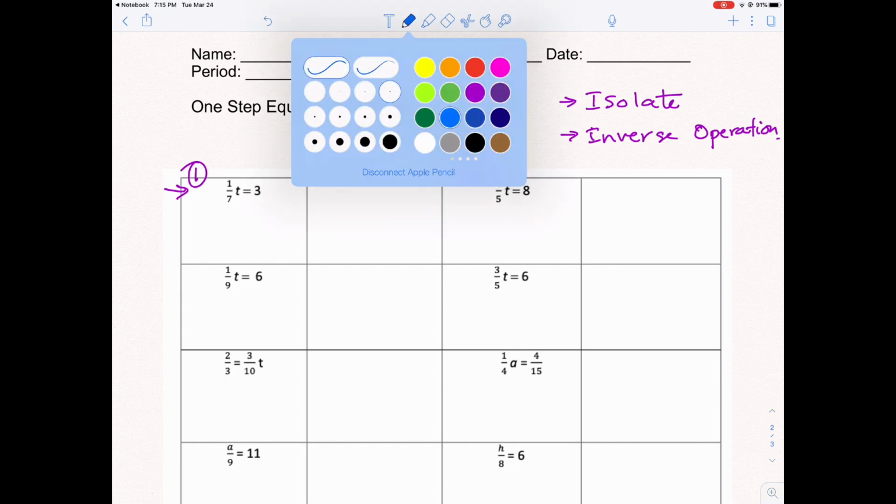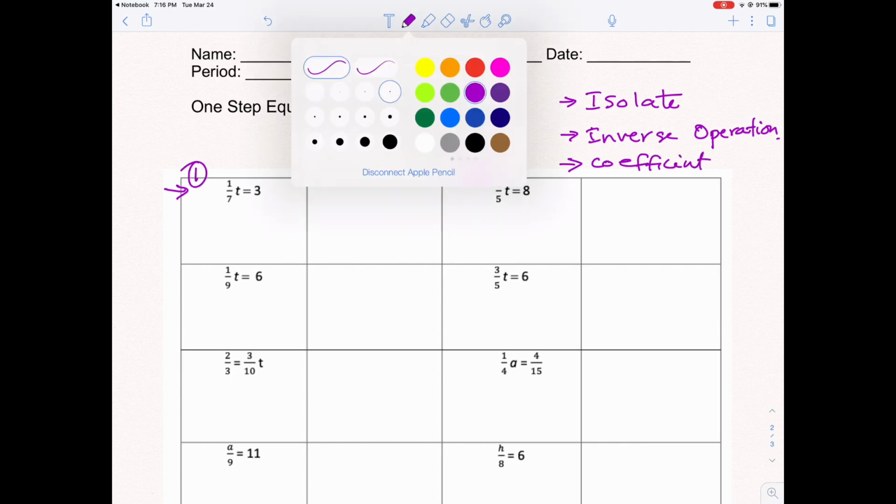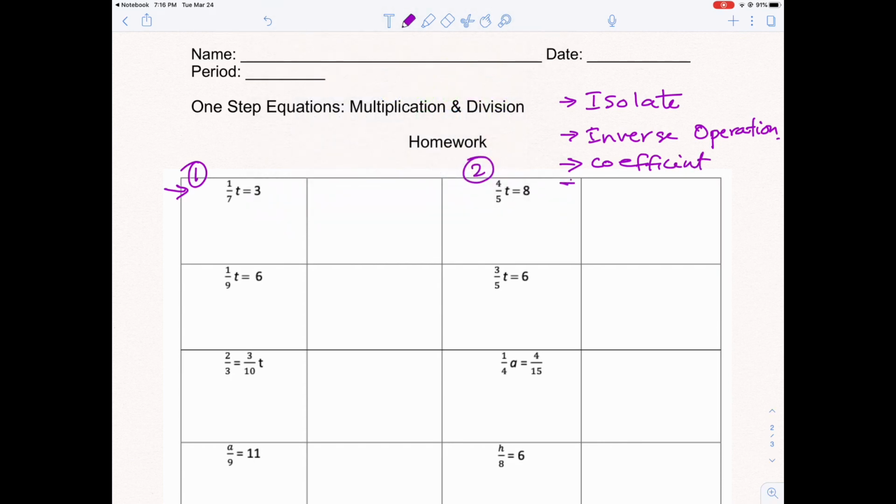Alright. Question number 1 says 1/7 t is equal to 3. Now we have to identify the coefficient and identify the variable.